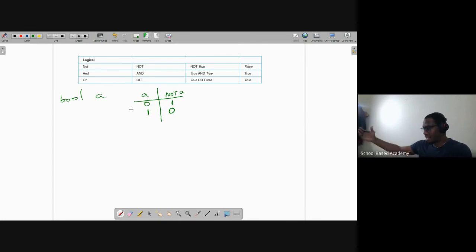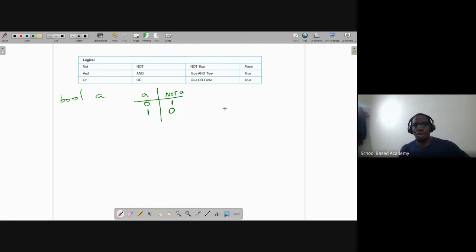So if A is 0, not A is going to be the opposite of 0, which is 1. And if A is 1, then it will be the opposite of 1, which is 0, because we only have 2 values in Boolean.